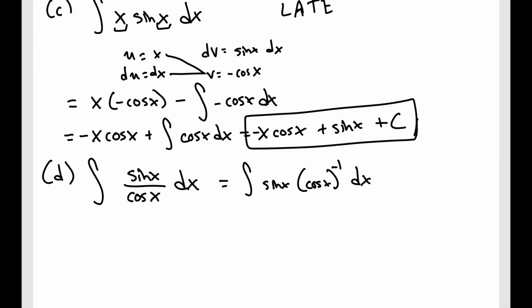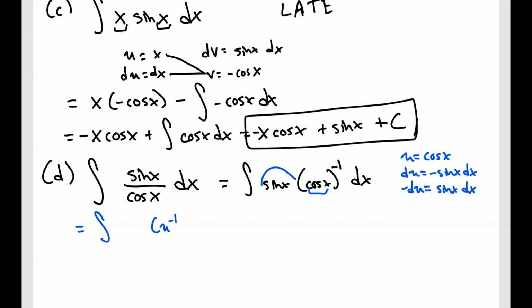So I'm going to let u be equal to cosine of x and du be equal to negative sine of x dx. Move the negative over: negative du is equal to sine of x dx. So that's going to give me the integral of u to the negative 1, and the sine x dx is just equal to negative du.